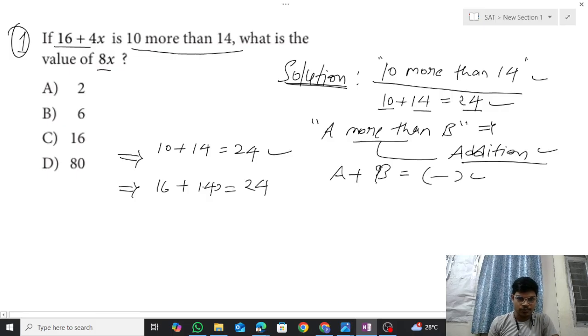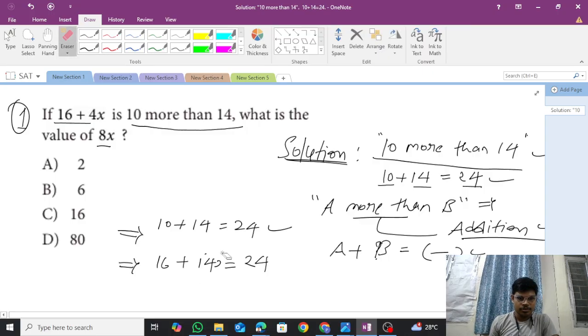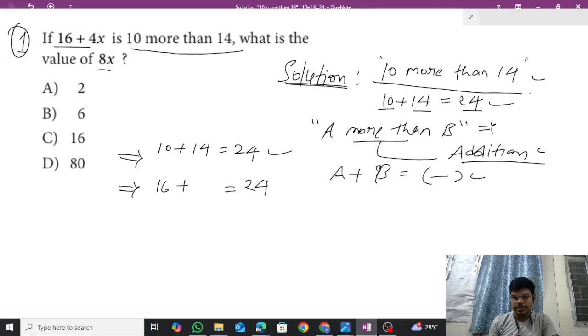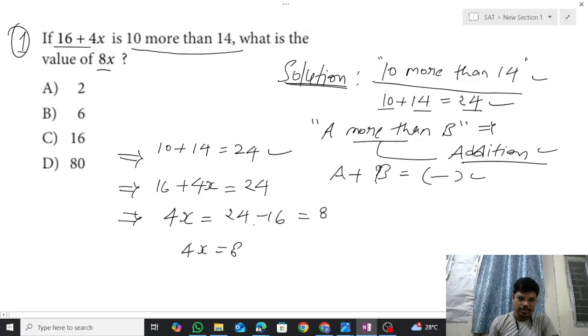According to the question, this is nothing but 4x. Solving, 24 minus 16 is 8. So 4x is equal to 8.